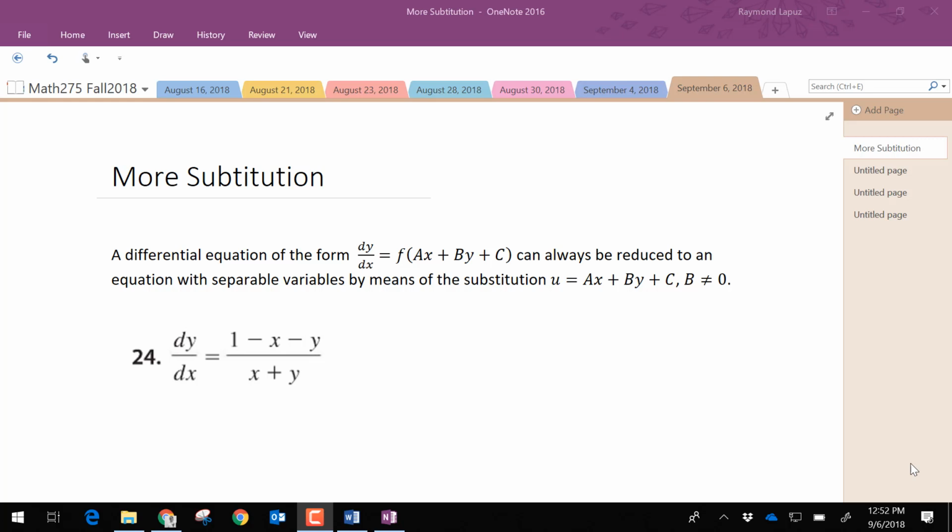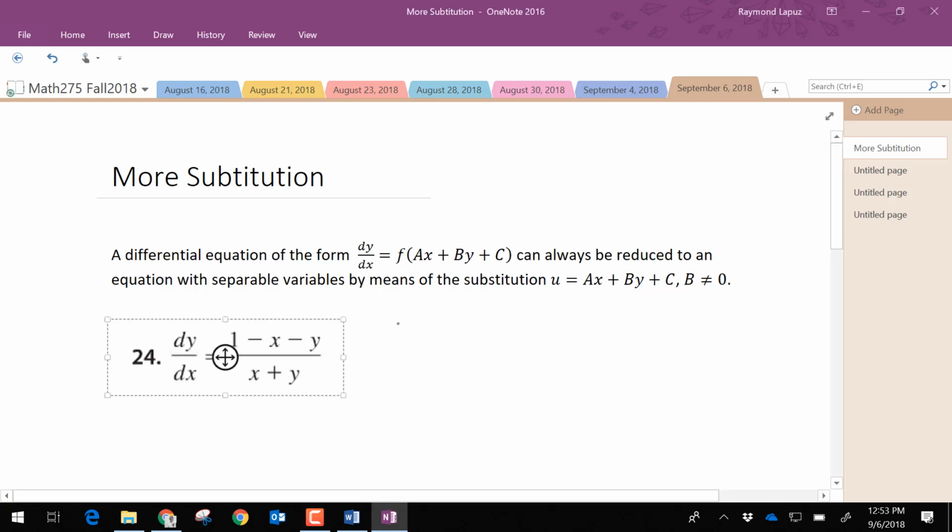I would probably choose the denominator because there is an x plus y that's common to both of them. In that case, you can just look at that x plus y as your substitution, so then you can get rid of all the x's and all the y's, or at least all the y's. That's what we'll do.